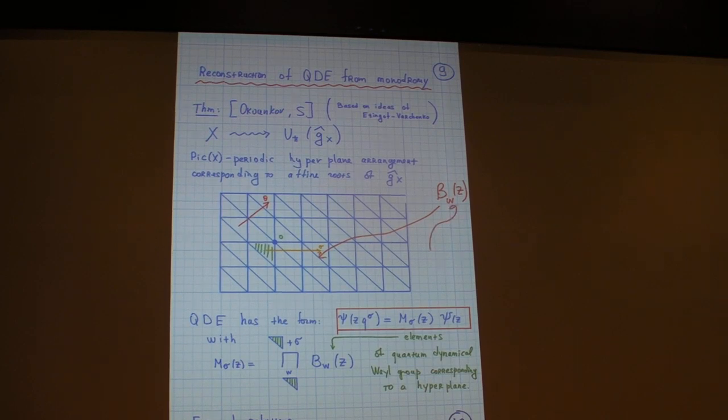And this z is called dynamical parameter. So in our story it's a curve counting parameter. And for each wall you have an element, kind of dynamical version of a simple reflection corresponding to that root. And in a sense, this element corresponds to a reflection across this hyperplane.